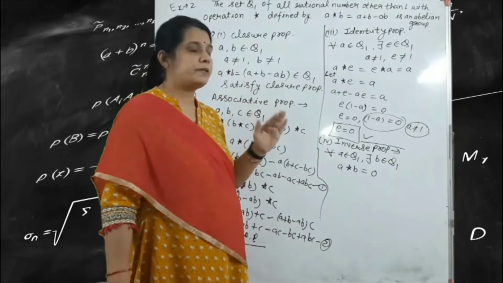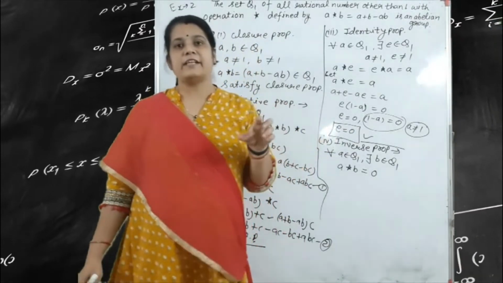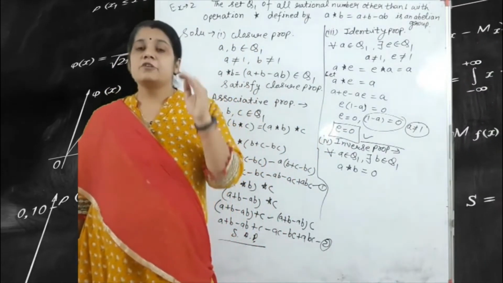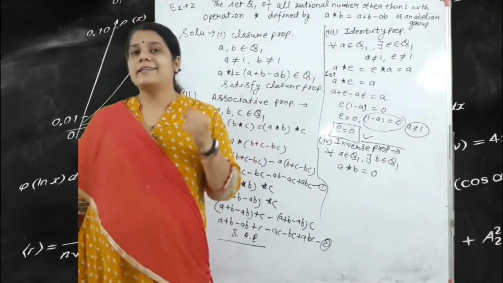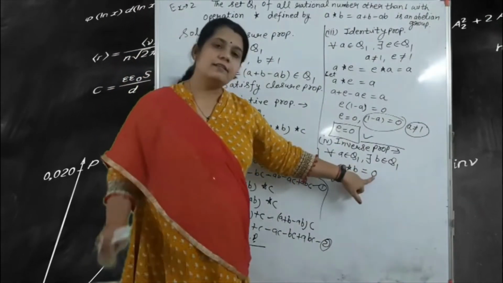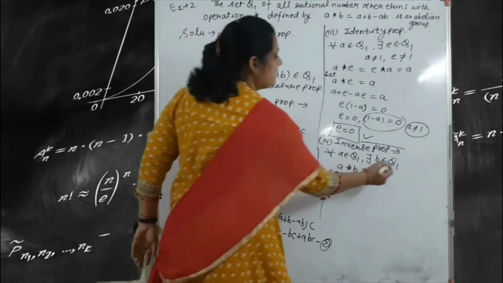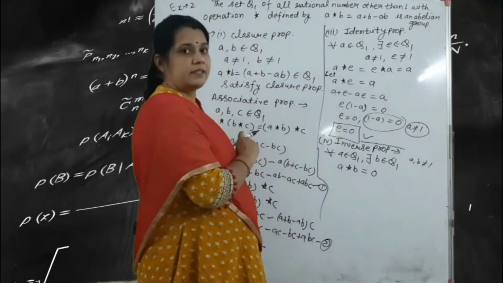Always keep in mind this point is very important for finding the inverse property. First you find the identity element, because you write it on the right hand side of the inverse equation. And here A, B not equal to 1 because we are given elements other than one.